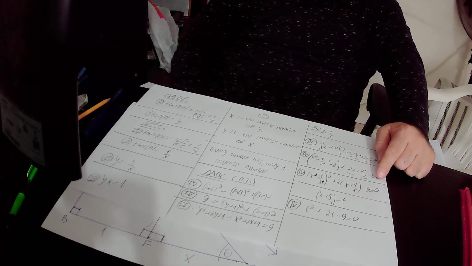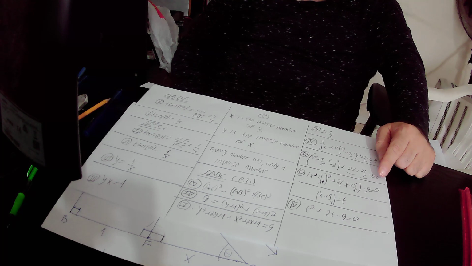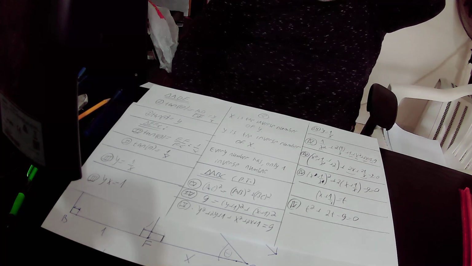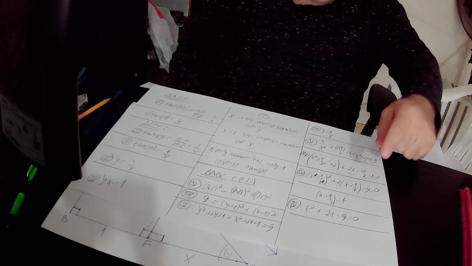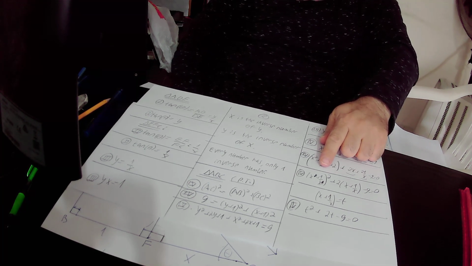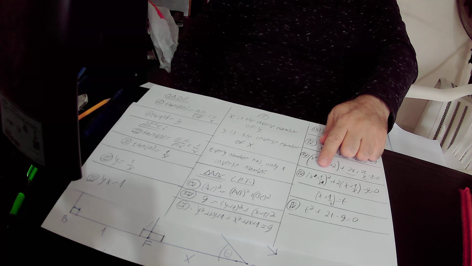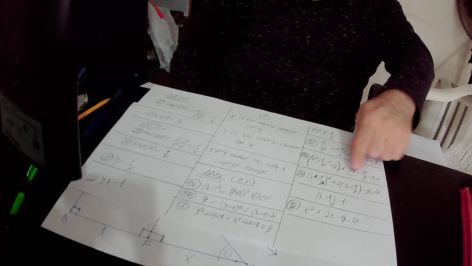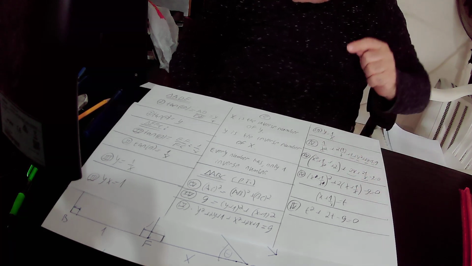We define t as x plus 1 over x, that is to say t equals x plus 1 over x according to our definition. Then we substituted x plus 1 over x in equation number 4 by t, and we got t squared plus 2t minus 9 equals 0.